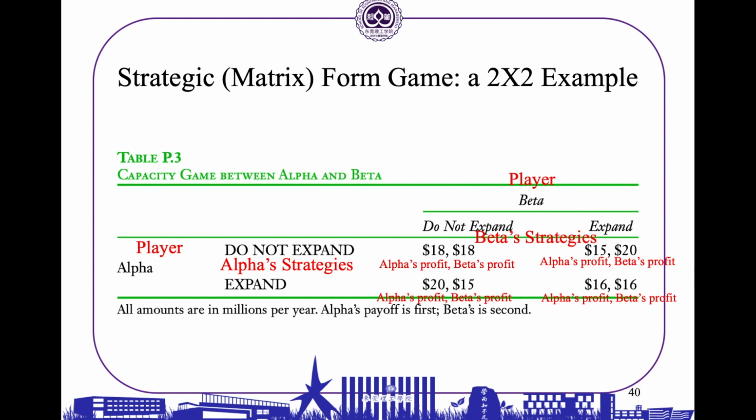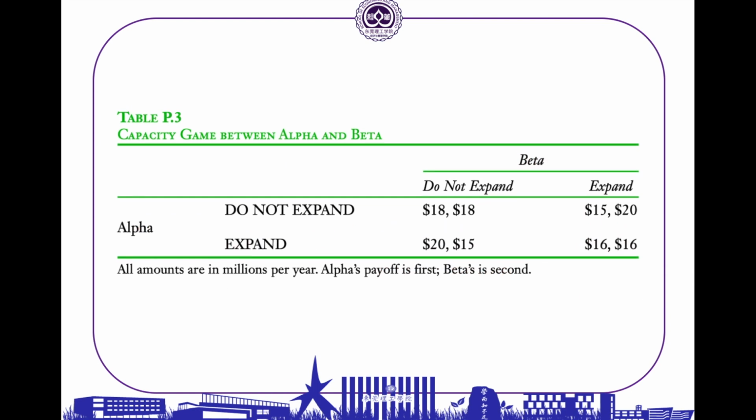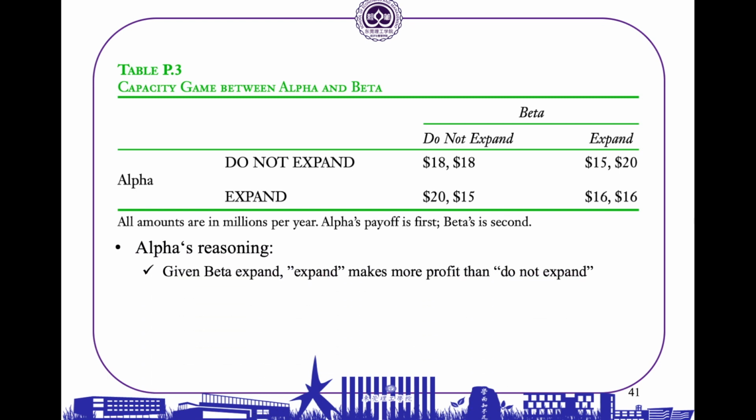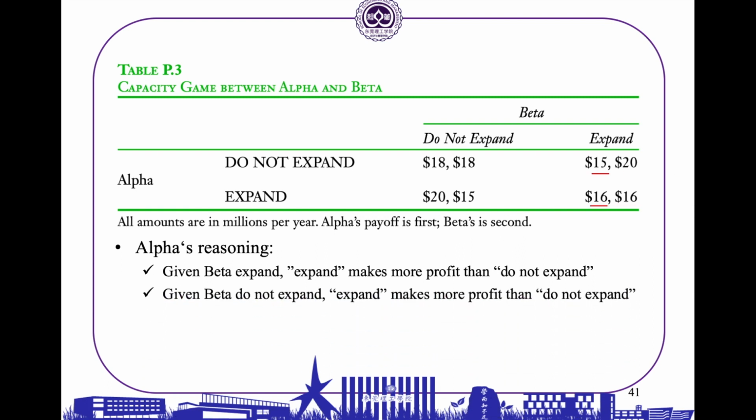With table P3, Alpha and Beta can easily predict the outcome of the game. Alpha, for example, considers that if Beta expands, expanding is a better choice than not expanding, since expanding will earn $16 million rather than $20 million while not expanding. Also, if Beta does not expand, expanding is still a better choice than not expanding, since expanding will earn $60 million rather than $50 million.